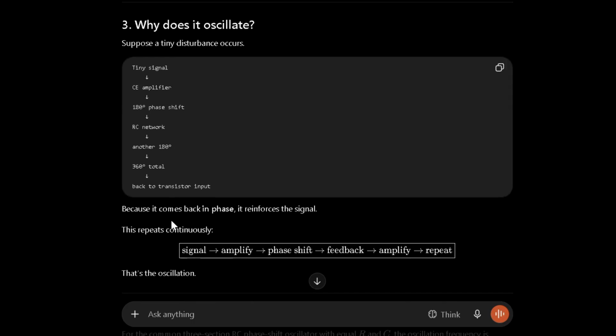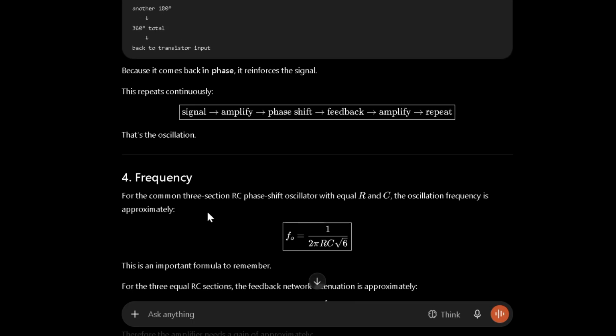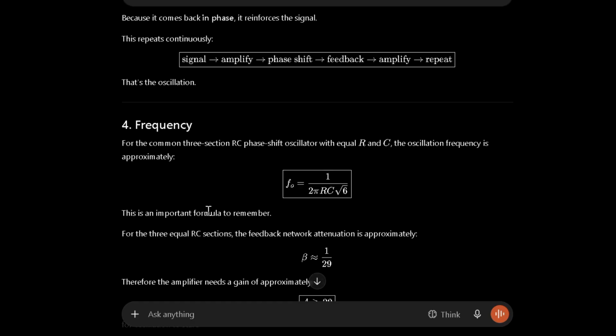This repeats continuously, and that's the oscillation. Frequency: for the common three-section RC phase shift oscillator with equal R and C, the oscillation frequency is approximately f0 equals 1 by 2 pi RC root 6. This is the important formula to remember.